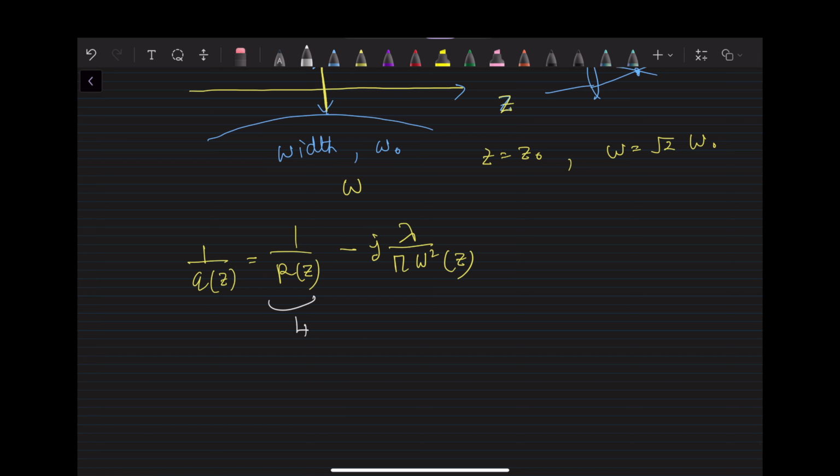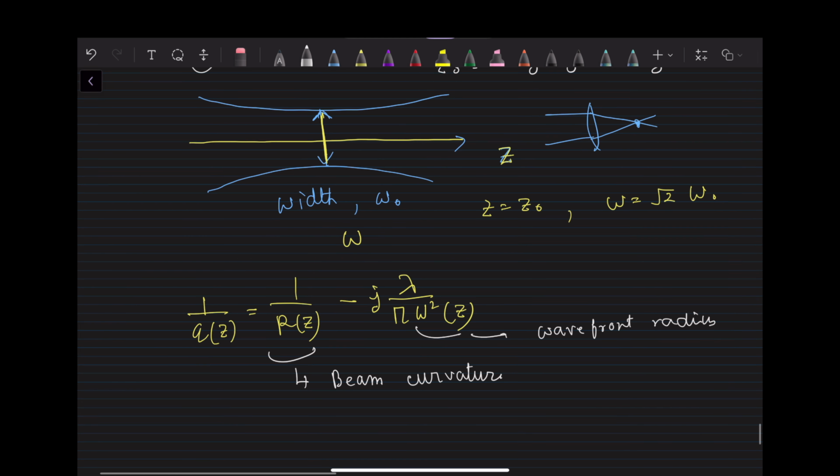The first term will give you the beam curvature, and the second will give you the wavefront radius, just a fancy name for what we have been discussing.